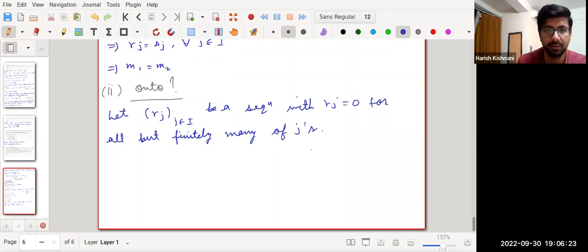Okay, so we can simply take those for which r_j's are non-zero.